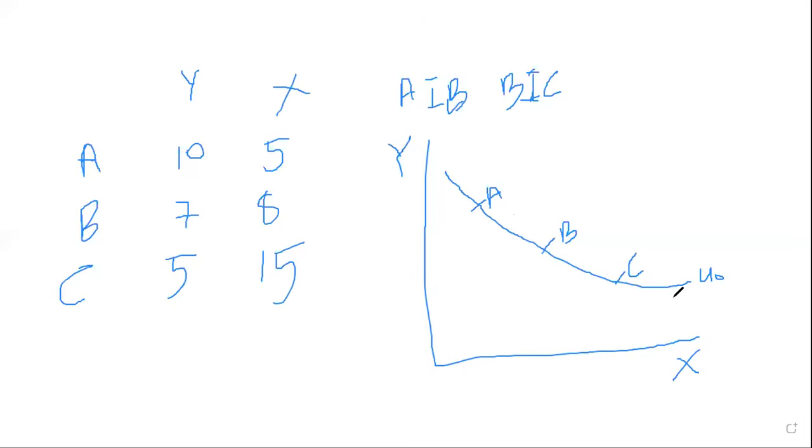Now, indifference curves have certain properties. So let's look at what these properties are. One is that indifference curves are convex towards the origin.